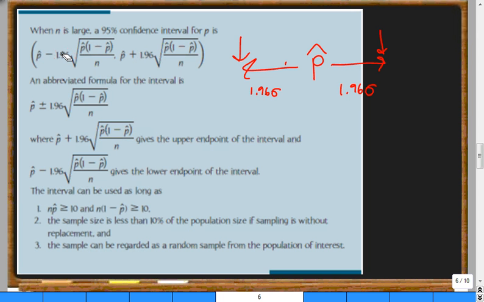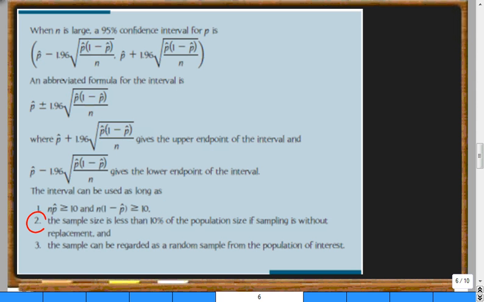Now, along with this, we can create that interval, but we need to have three things happen. The first thing we've studied is that our sample size times our sample proportion, and our sample size times the complement of our sample proportion have to be greater than or equal to 10. That needs to occur in order for us to be sure about this.